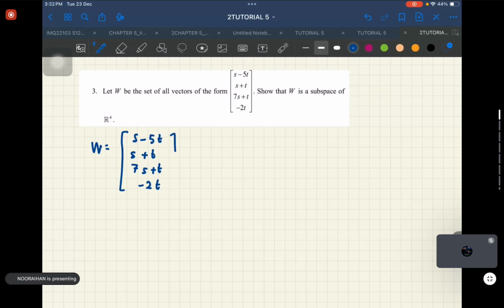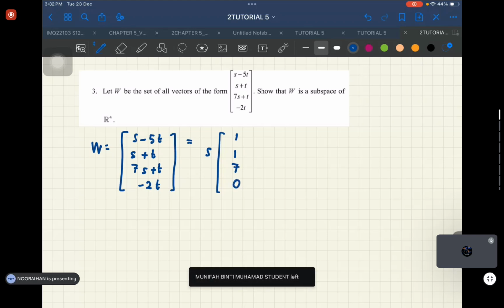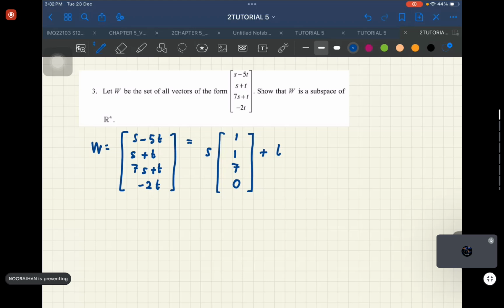So first S, the coefficients will be 1, 1, 7, 0. And T: negative 5, 1, 1, negative 2.